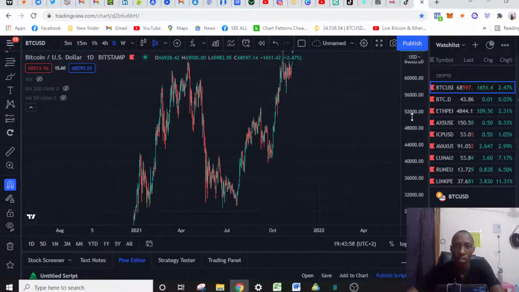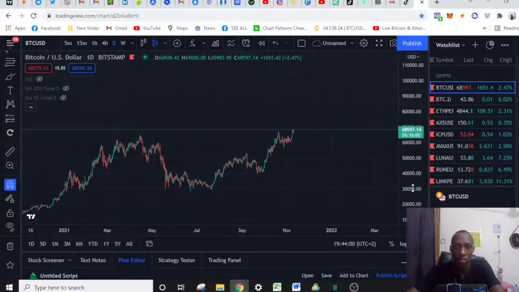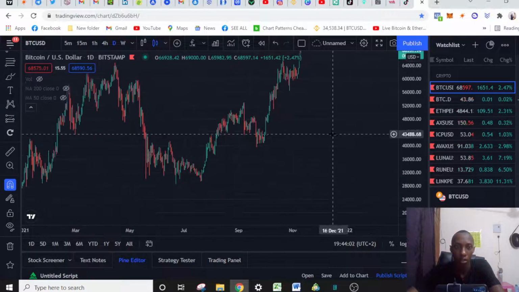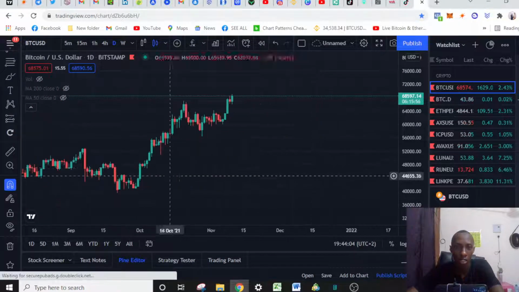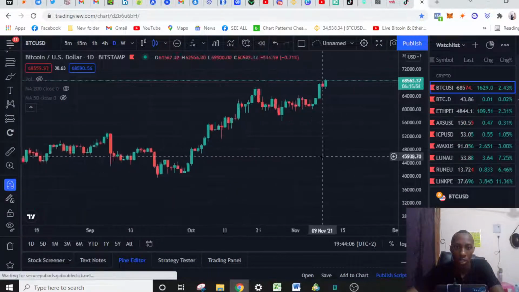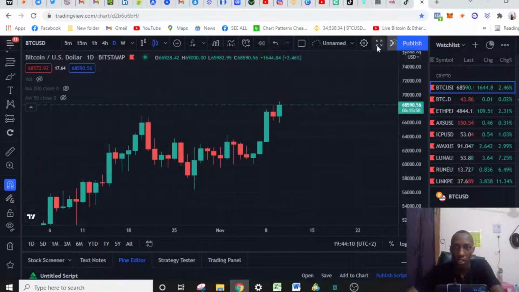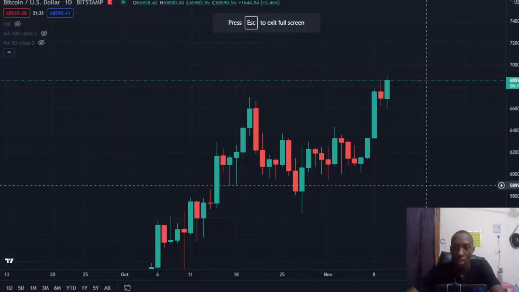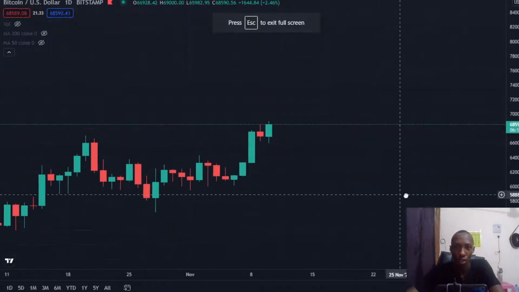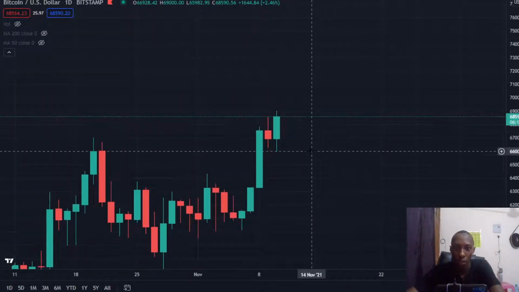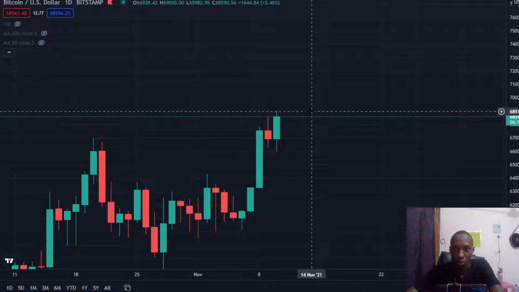So this is a Bitcoin chart on a daily time frame, which means each candlestick represents 1 day. Let me put it on full screen. If we zoom in, you can see that today alone, Bitcoin has moved from 66,000 to 69,000.